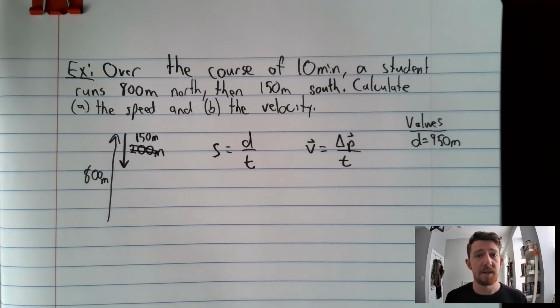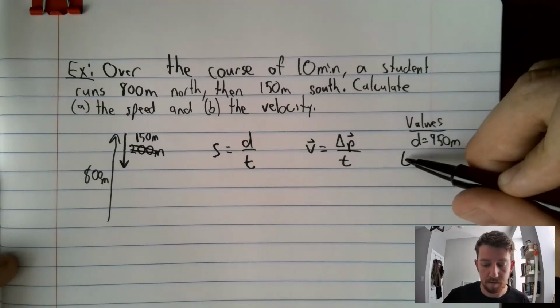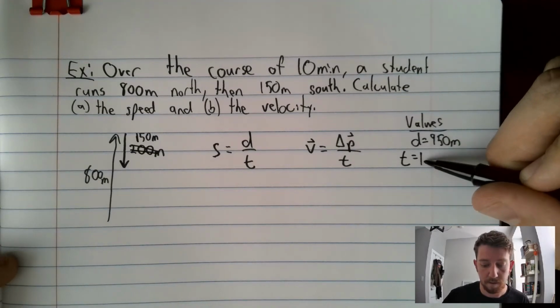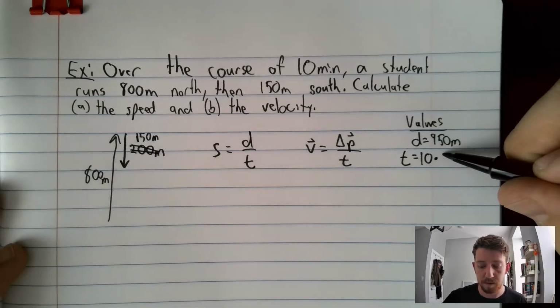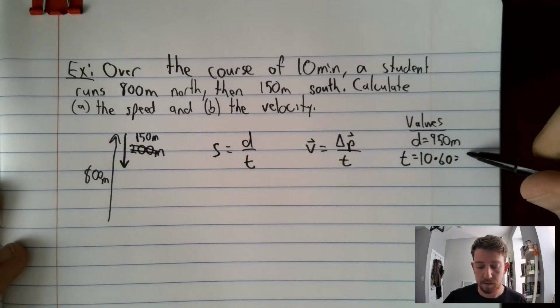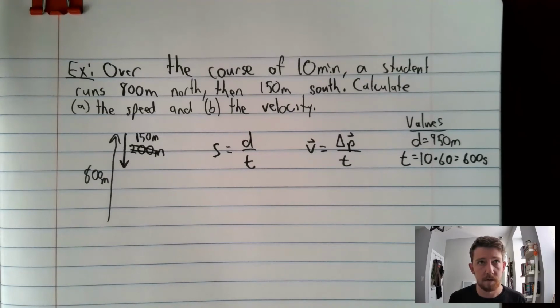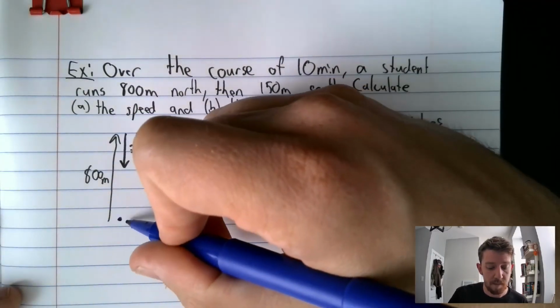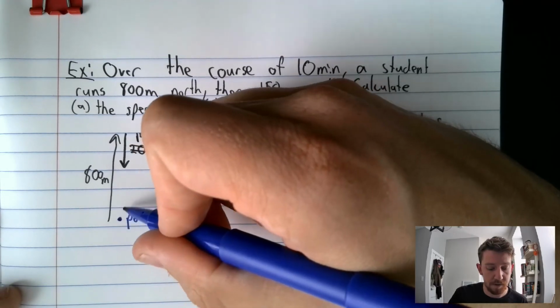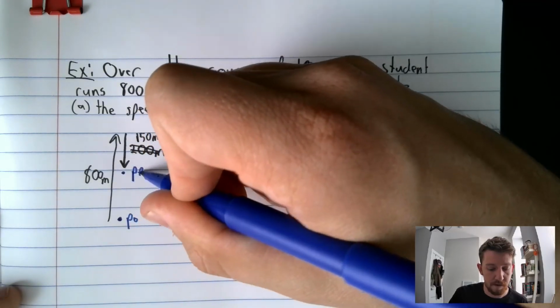Time is 10 minutes, but of course we want that in seconds. To convert it, we will multiply by 60. 60 seconds in a minute, so we multiply by 60. So that's 600. Time is 600 seconds. And displacement, remember, take a look back at your definition if you're not sure. Displacement is a vector that points from initial position to the final position.